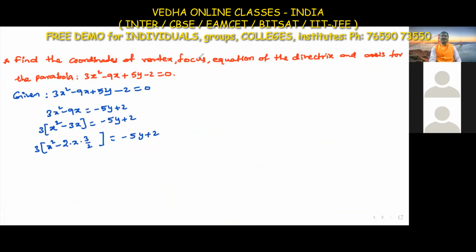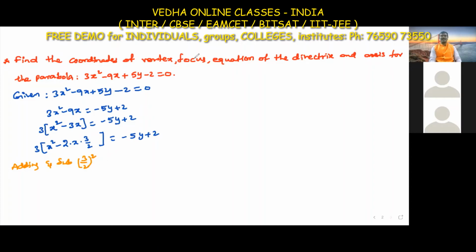Here in this case, I am adding the b square value and subtracting the b square value immediately on the left side only: adding and subtracting 3 by 2 whole square.